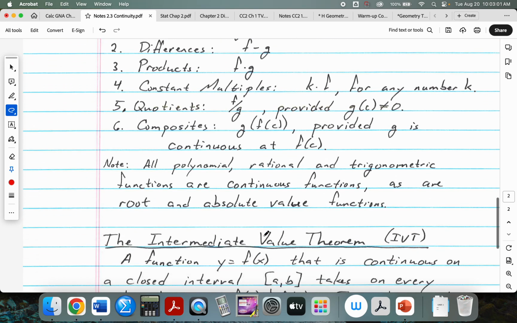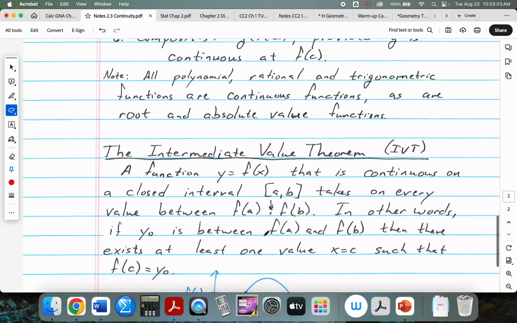So there's an awful lot of functions that you know are continuous. Polynomial functions. Rational functions, by the definition, are continuous. You're like, well, what about removable discontinuities and vertical asymptotes?